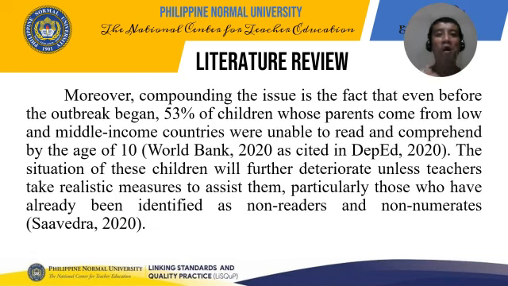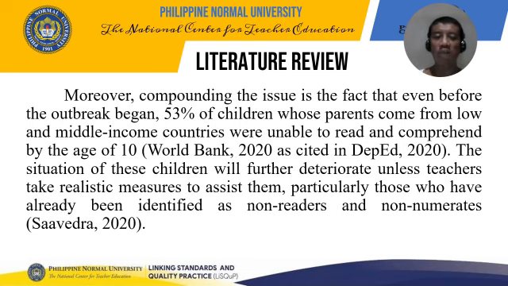Moreover, compounding the issue is the fact that even before the outbreak began, 53% of children in low and middle income countries were unable to read and comprehend by the age of 10, according to World Bank 2020 as cited in the DepEd 2020.